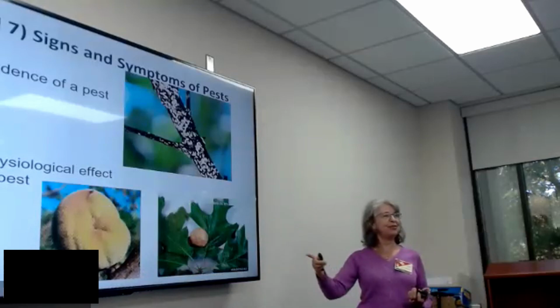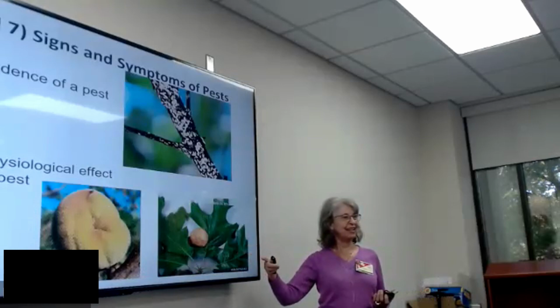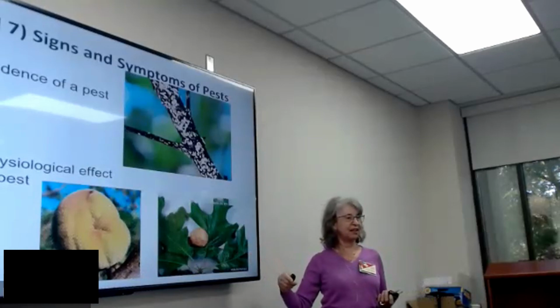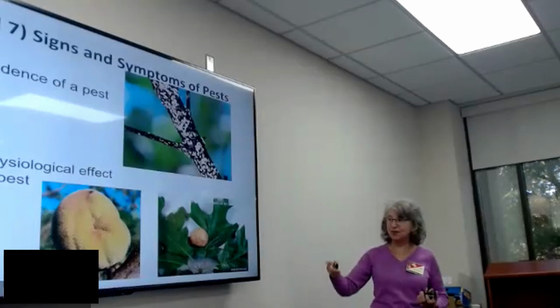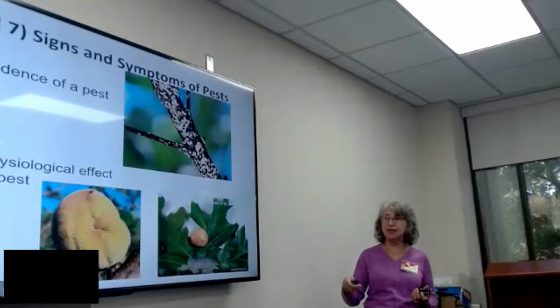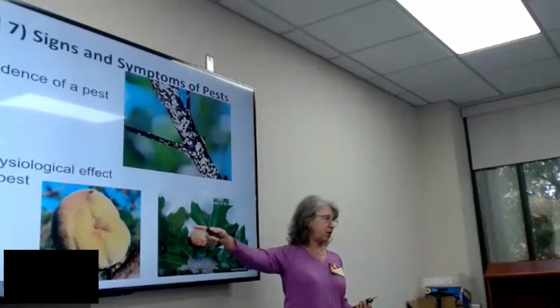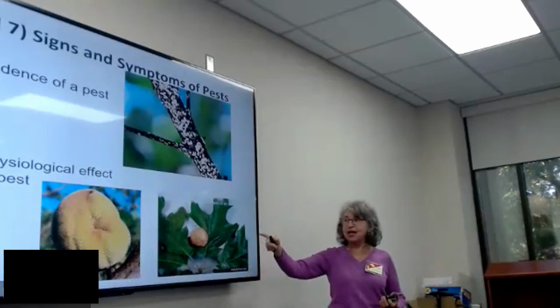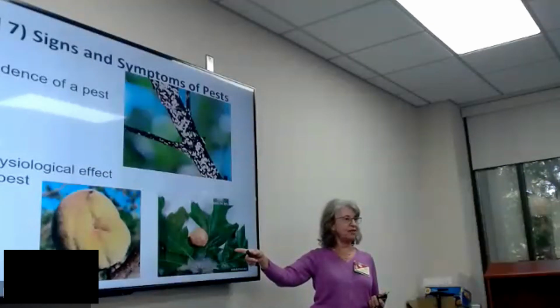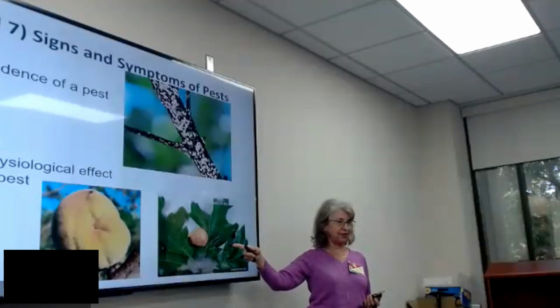And what does it do, Louise? It kills the cells when it lays its eggs, it's very small, and then as it grows, that area has dead cells. Okay, so that's how that happens. So that's caused by an undergrowth of cells, contrasted to this here, which is actually an overgrowth of cells.